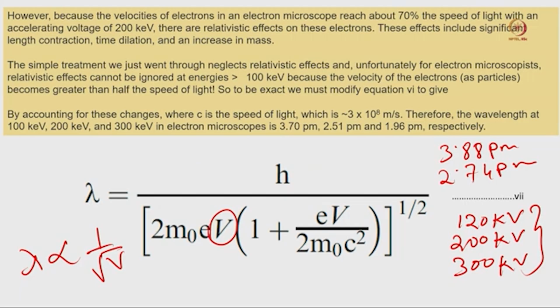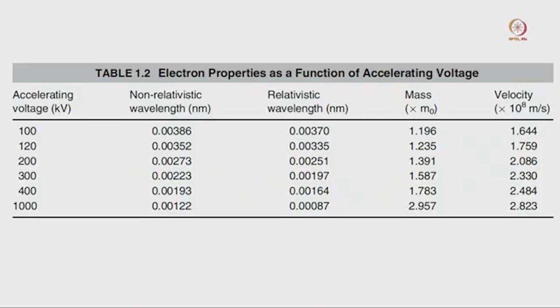Now what is the actual wavelength we should consider when we are considering the relativistic effect? So here is a table where you can see that for 100 kilovolt, it is 3.88 or 3.86 picometer, and this is 2.74 picometer that I mentioned last.